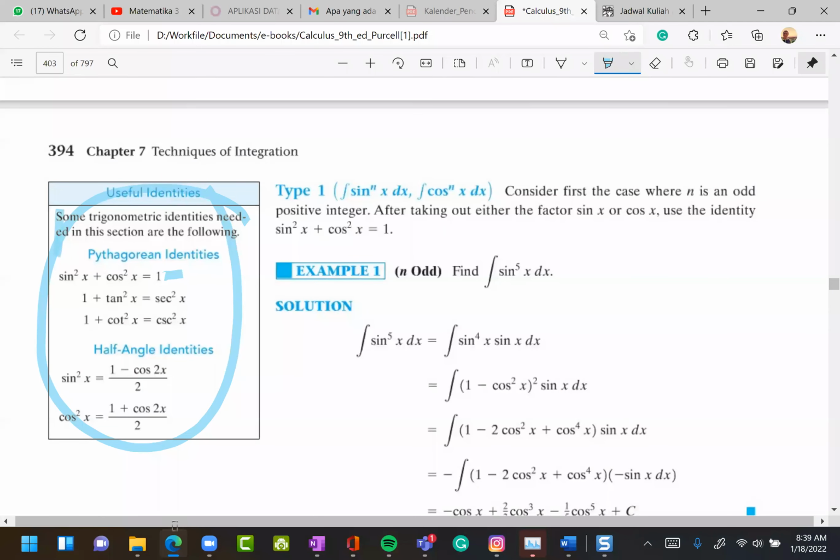Other formula is half angle identities. Okay. So if you have a square, then you can get rid of this square, right, by doubling the angle. See, cosine 2x, it is negative.